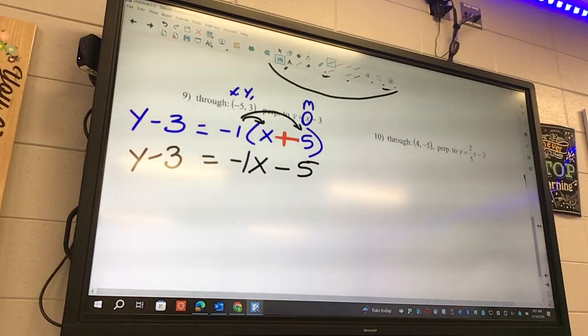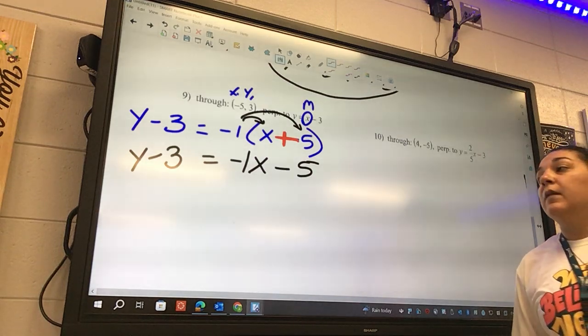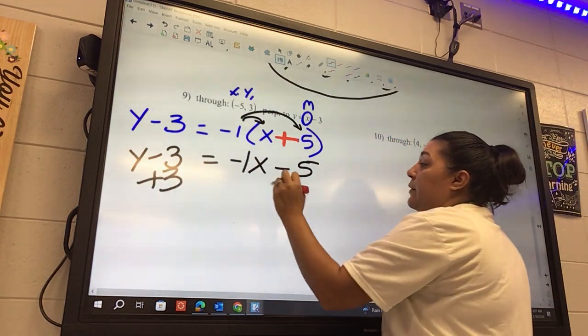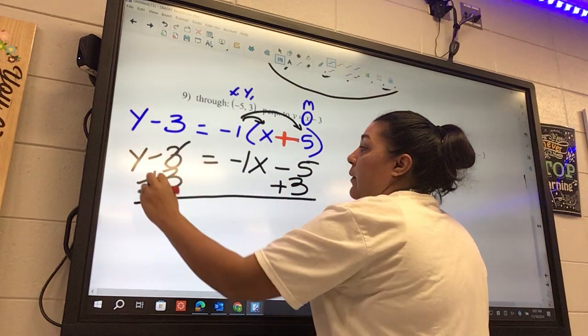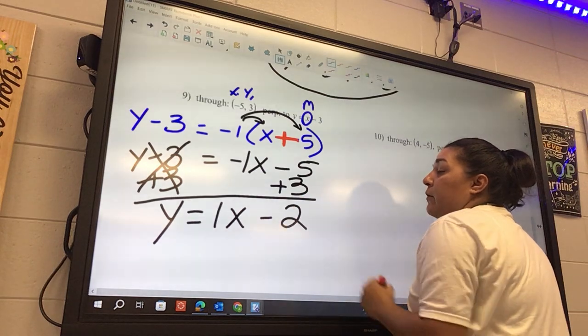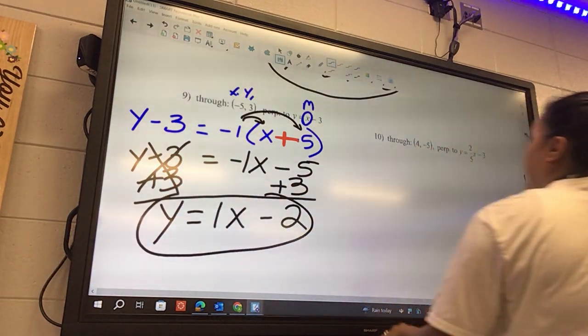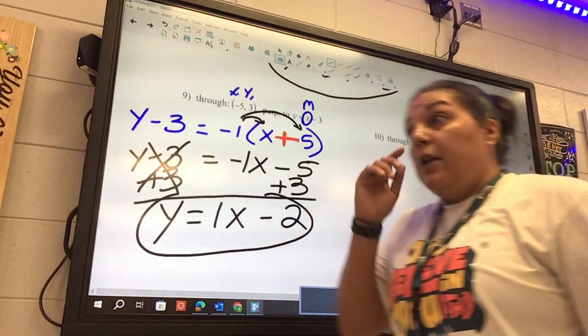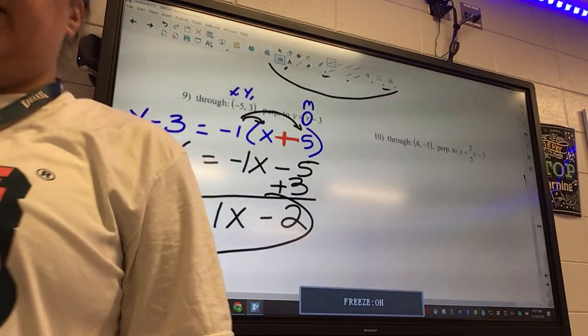Then add or subtract. We're going to add 3 to both sides. So we get y equals negative 1x minus 2. You guys have about 14 to do. Go through and get yours done.